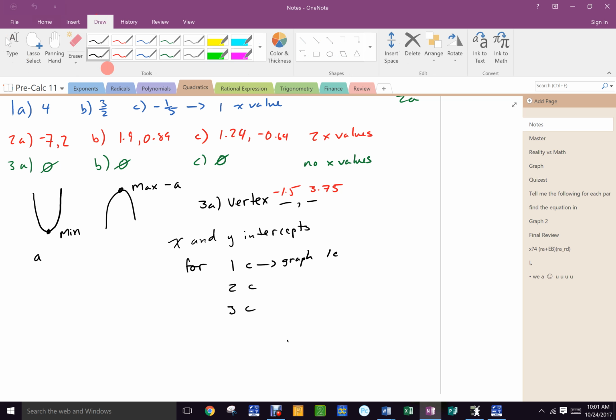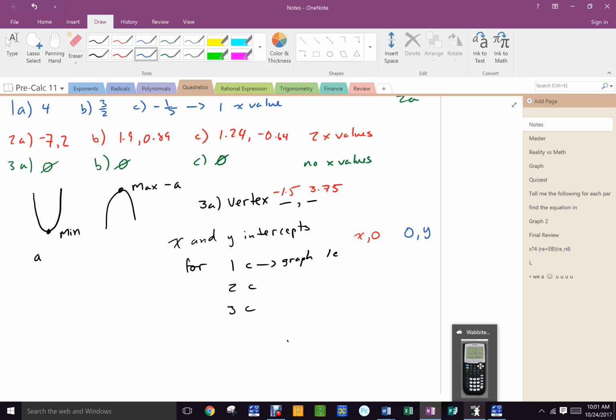What is every X intercept? No. The X-intercepts are X, 0, yes? And the Y-intercepts are what? 0, Y. We all remember this from graphing lines, right?